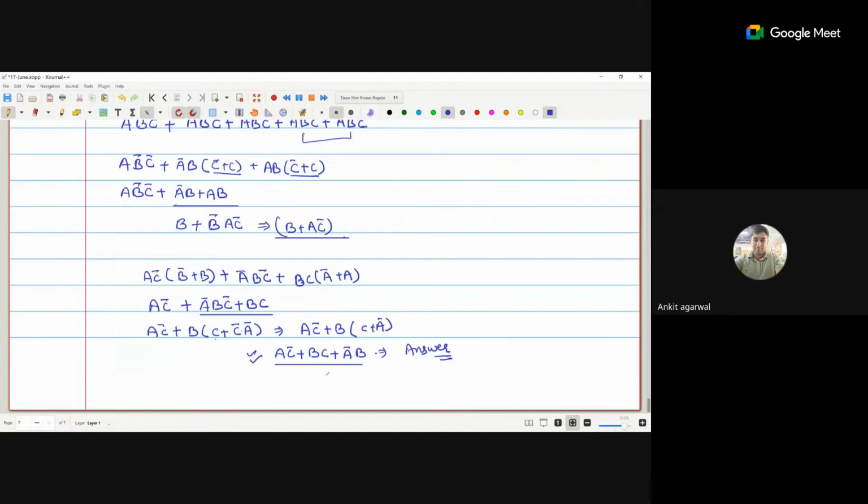Now the thing is that when we are going to solve this type of question, it is better that we take the options, and from the option we have to calculate the SOP term or POS term. So in the next class we will discuss how we convert our Boolean expression into SOP and POS form.